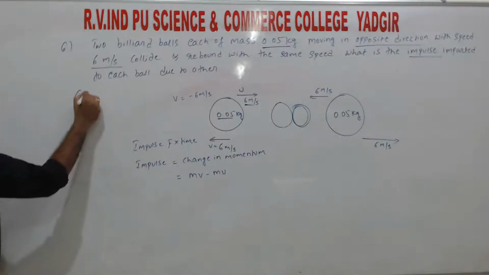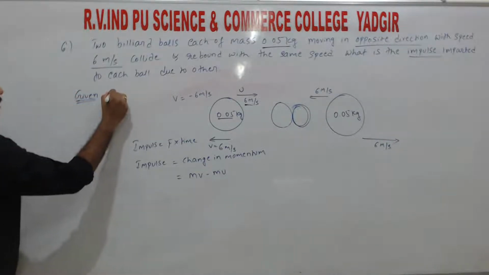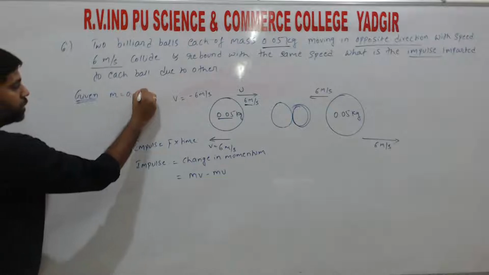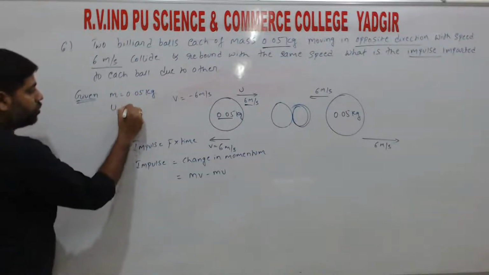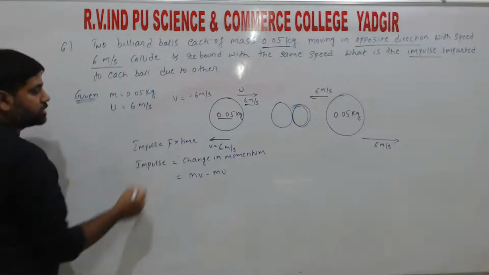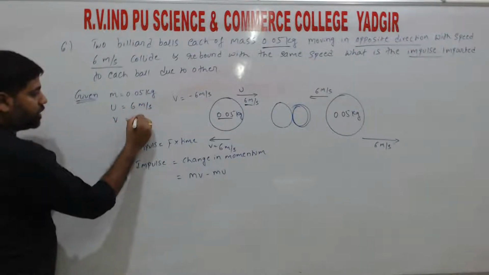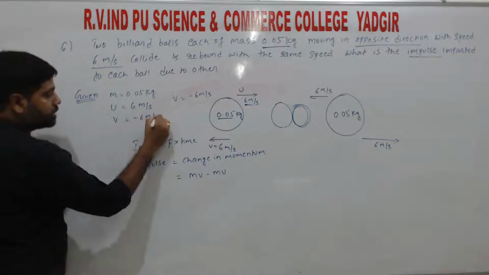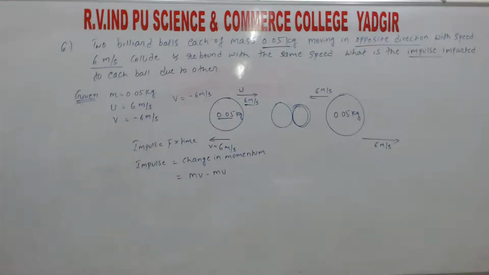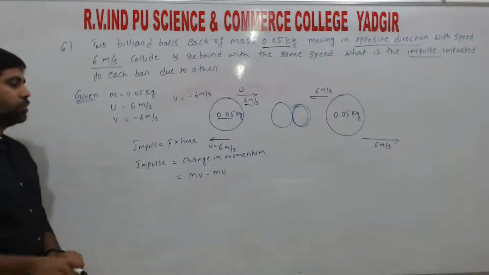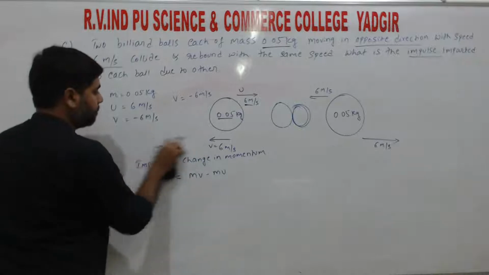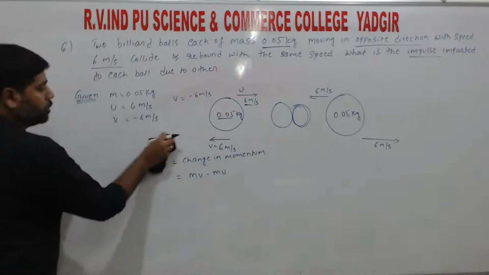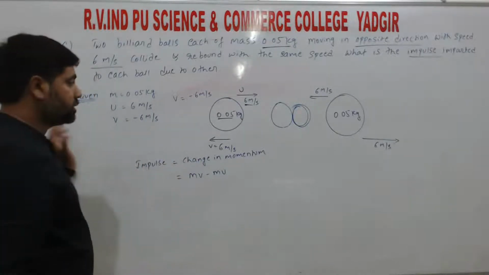If you write here, the given mass of the billiard ball is 0.05 kg, the initial velocity u is 6 meter per second and the final velocity v is equal to minus 6 meter per second. Substitute and simplify, right?